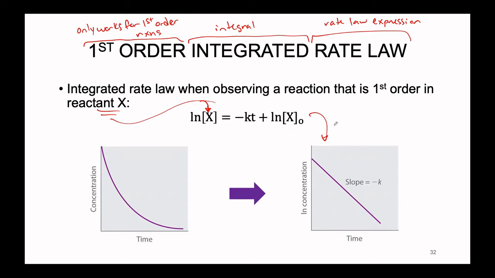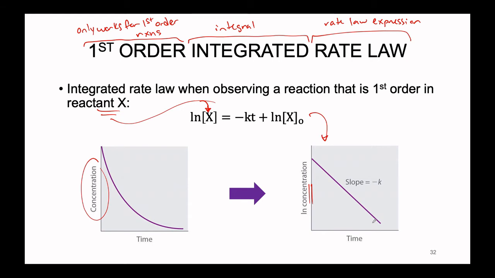In other words, if you take the natural log of your measured concentrations as the reaction progresses, on your y-axis as a function of time, if your reaction is first order, you will see a linear relationship.